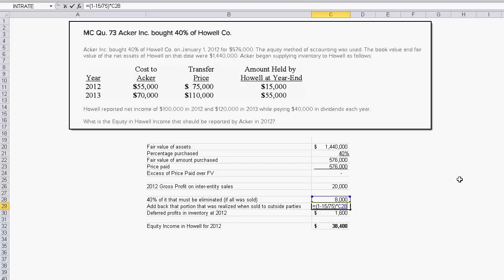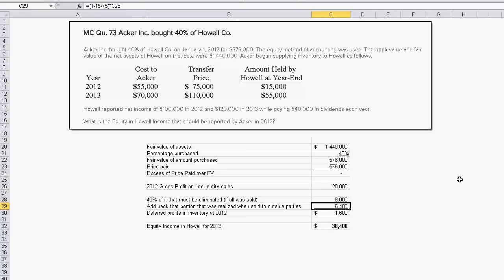Okay, now in the calculation you see in cell C29, I've left off the thousands. I only need the ratio of 15 to 75. So 1 minus the 15/75 tells me what percentage was really realized. So if we start off saying, hey, all of that's an intercompany sale eliminated, and then add back that portion that's realized, we would take 1 minus the remaining portion on hand.